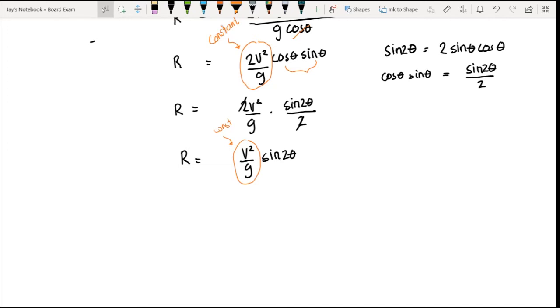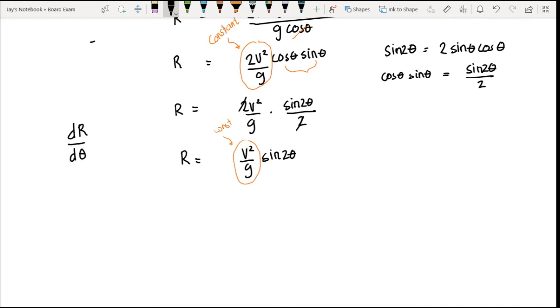That means we have to differentiate the variable that we want to maximize. In this case, range is the variable that we intend to maximize. So we derive that with respect to the other variable, in this case theta. So we have the derivative of the range with respect to the angle.